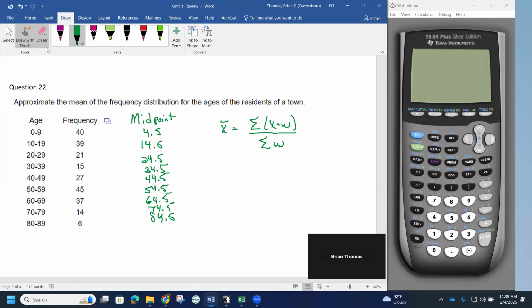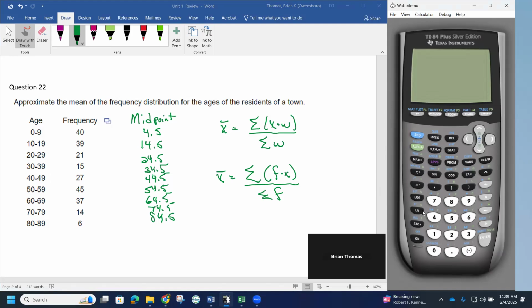So we can do it that way as well. So I guess you could rewrite the formula as the sum of the frequency times x divided by the sum of the frequencies. You can also look at the formula because the frequency is kind of like the weight, if you will.